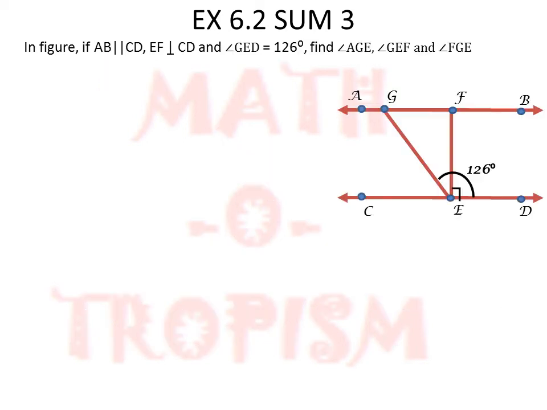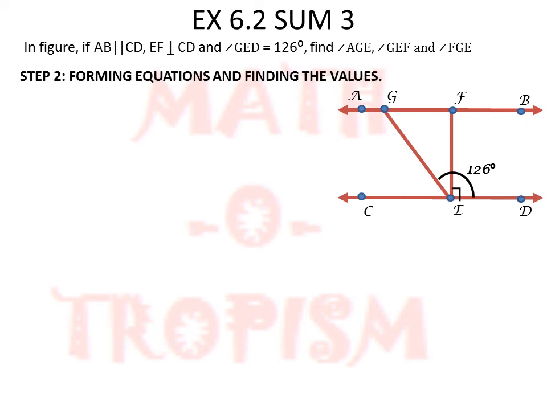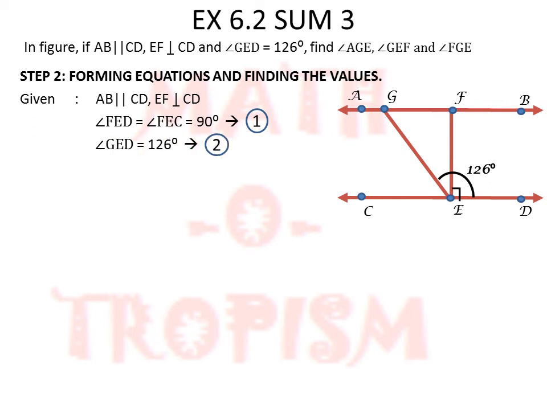So continuing with the sum, we will be now forming the equations and finding the values from what we have already understood. So given is AB is parallel to CD and EF is perpendicular to CD. So from this we can see that angle FED and angle FEC both are 90 degree. Let us take that as equation 1, and given is angle GED is equal to 126 degree.